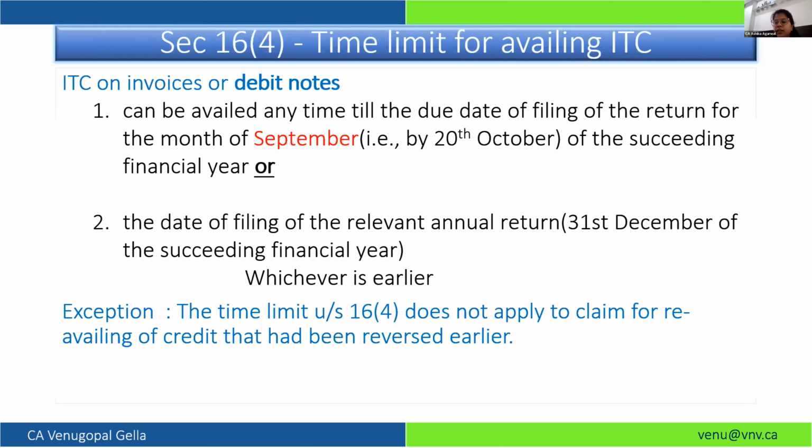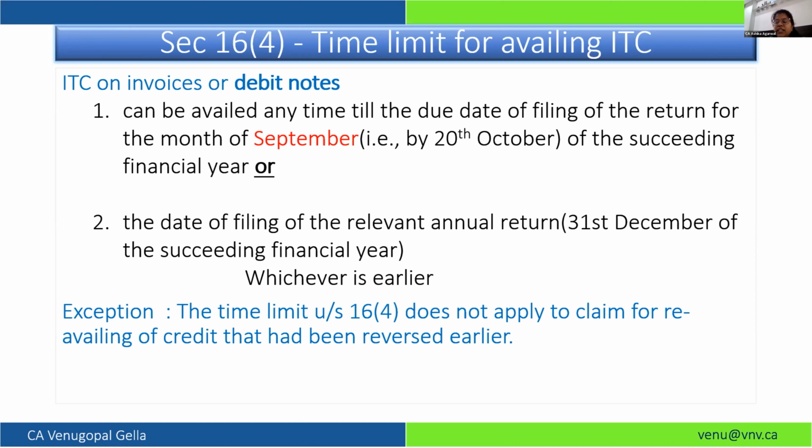Section 16(4): one of the persons was asking about 16(4) and ineligible ITC reporting. For that, 16(4) deals with time availment. For the current year, 22-23, my time limit for availing the invoices which are dated in 22-23 is till the September due date. So it's 20th October.